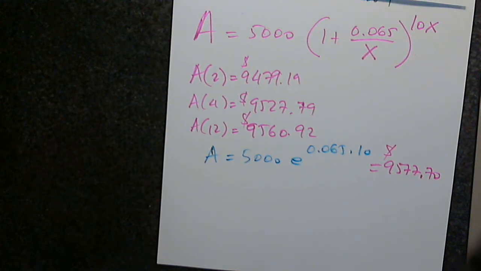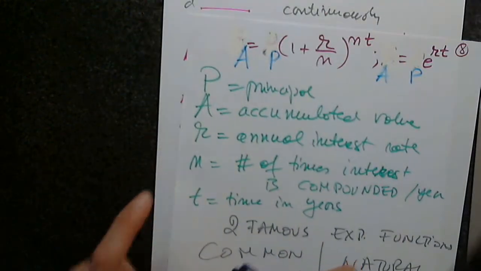Any questions? That's for the continuous compounded interest, yes. So after that, that's it. We're done with the question. What's the formula there?